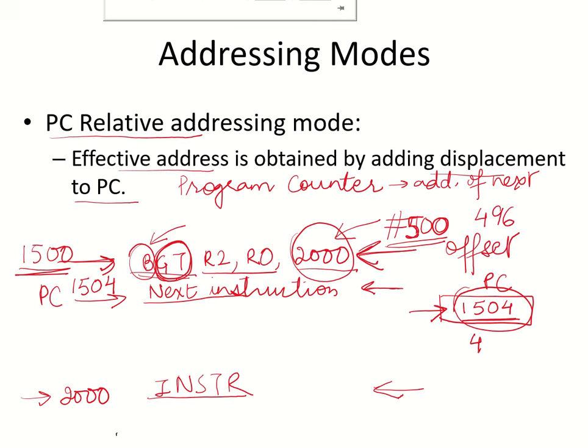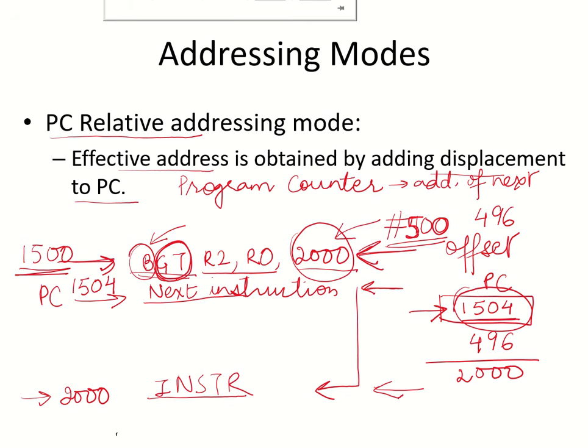Because when 496 is added to the value contained in PC, this would result in 2000, and the flow of control will be shifted to the memory address 2000, where the new instruction is stored and that has to be executed.